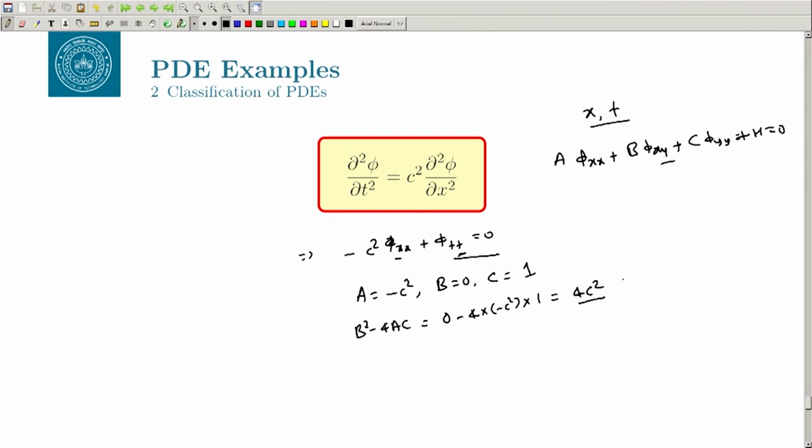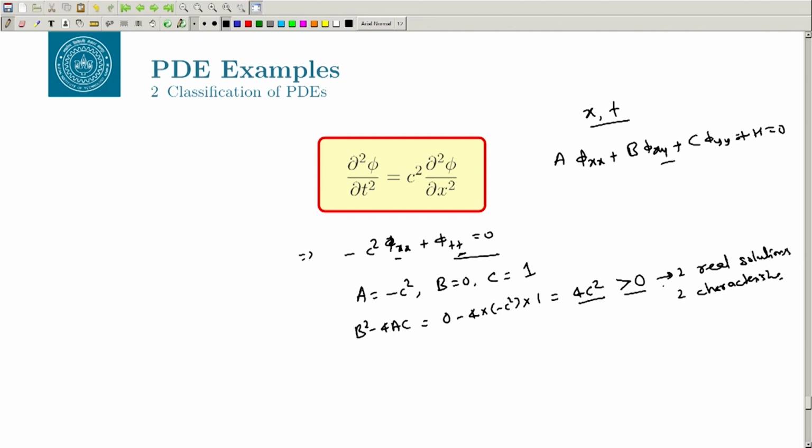So, this is always going to be positive. So, you will have two real solutions, that means two characteristic lines. So, there are two lines at which the solutions are undefined for the highest order, right.